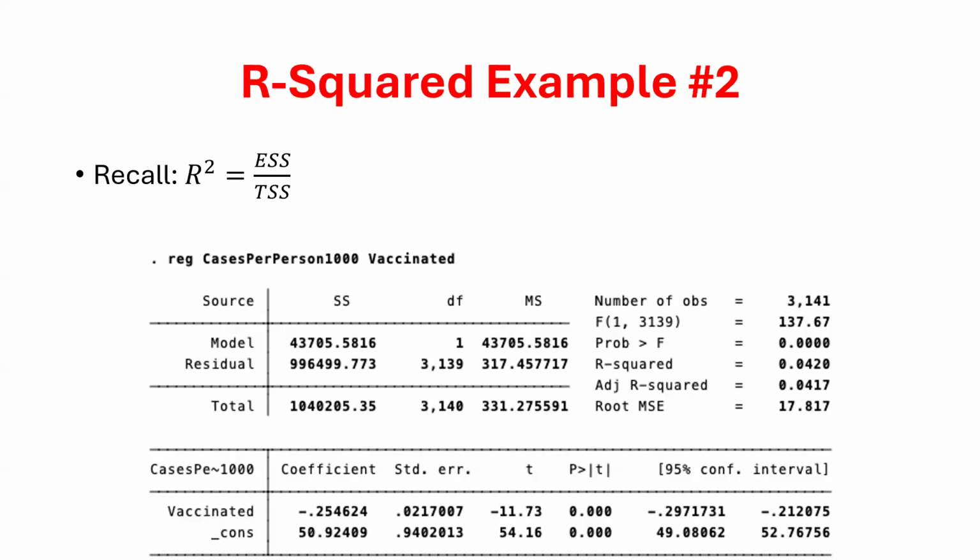Yes, right? Now here's where it's not quite clear how high R squared is going to be. It's not going to be 0. Here it's only what? 0.04. So this variable of vaccinated, the percent of the county that's vaccinated, in that Y variable of COVID cases, I can only explain 4.2% of the variation using this one variable.